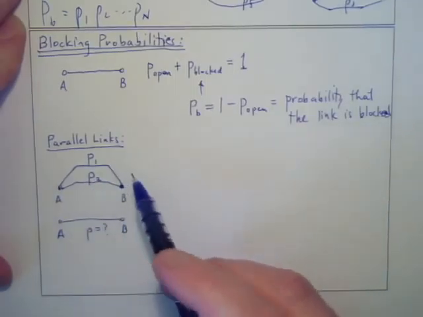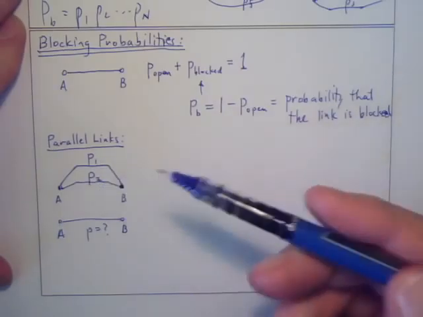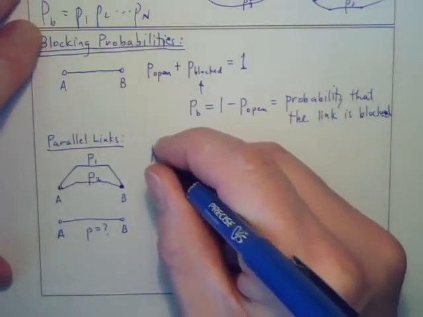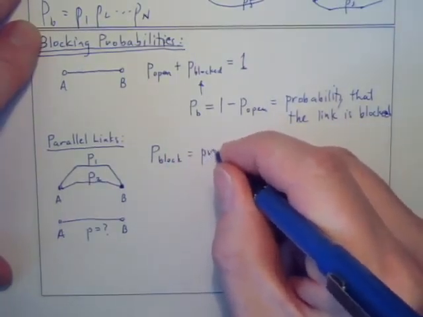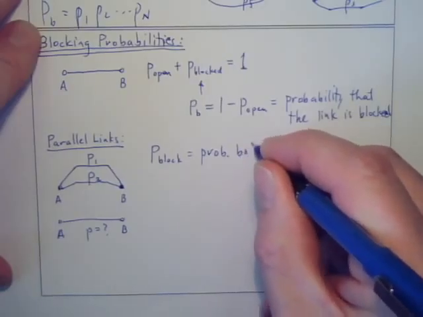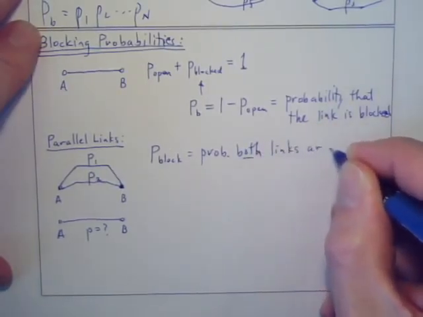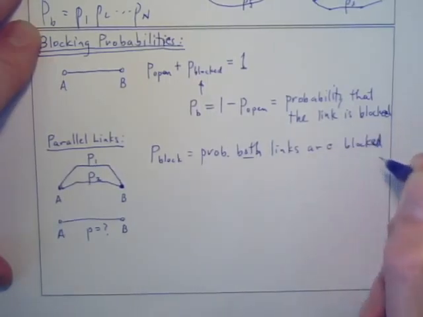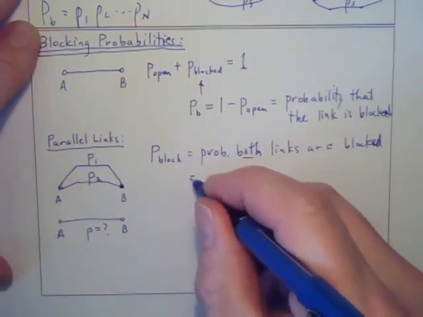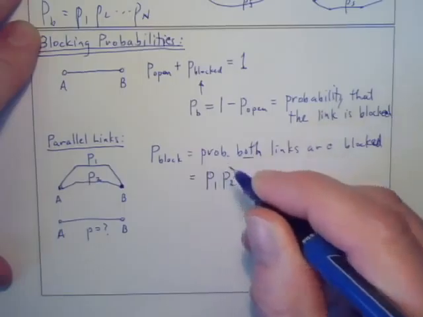The only way we can have a blocked path is when both links are blocked. Okay, so P block is equal to the probability that both links are blocked. Okay, and this is the product of the two probabilities, P1 times P2.